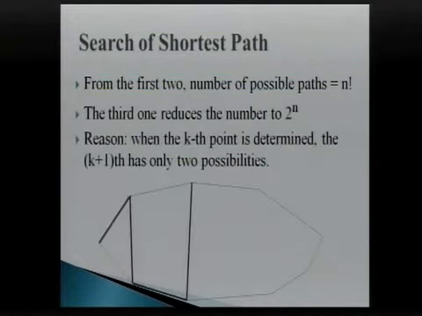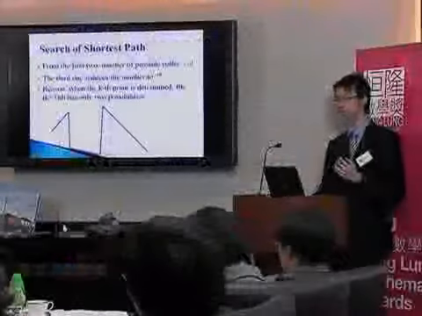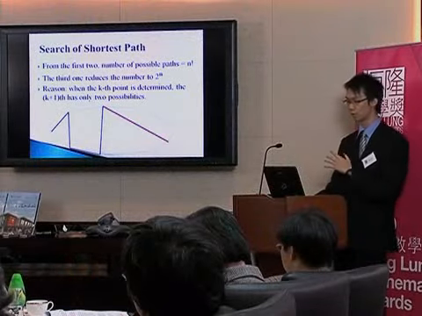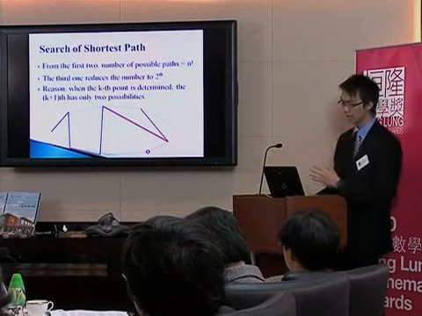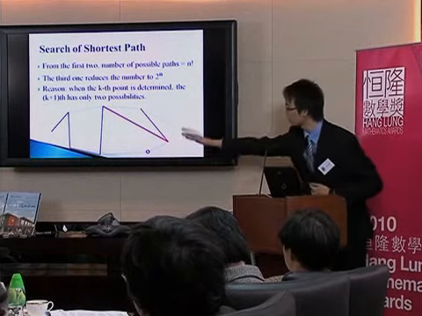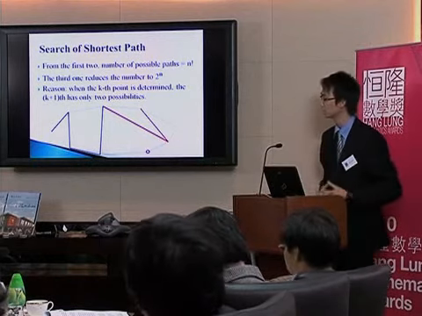This is because when the k-th point is determined, the (k plus 1)-th has only 2 possibilities, namely the consecutive point, or it can go to another point that is consecutive to a visited point. And it is because if we go to any other point, if we further go in this direction, it has to cross this thick red line in order to meet this red point.